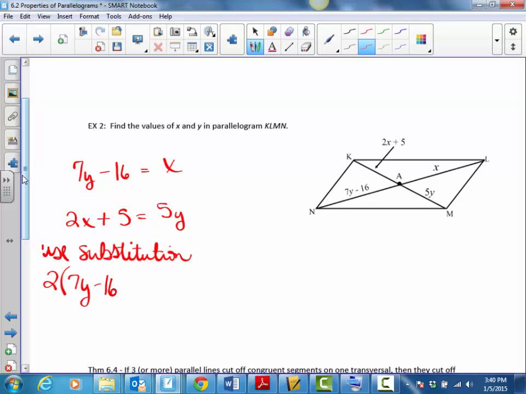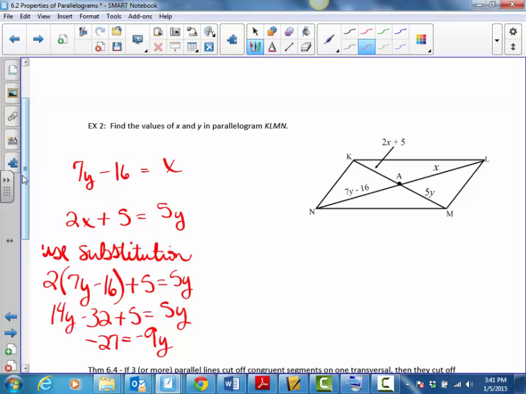So 2 times the quantity 7Y minus 16 plus 5 equals 5Y. When I distribute, I have 14Y minus 32 plus 5 equals 5Y, or negative 27 equals negative 9Y.